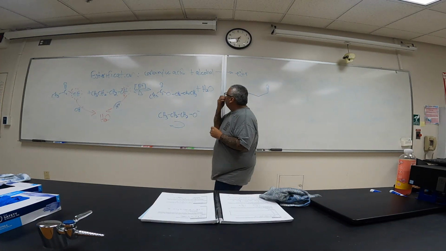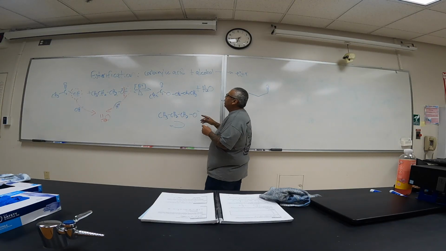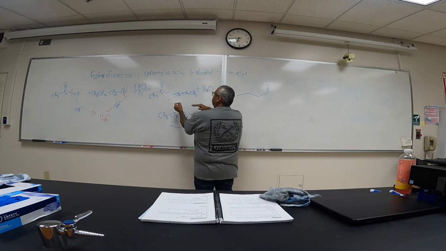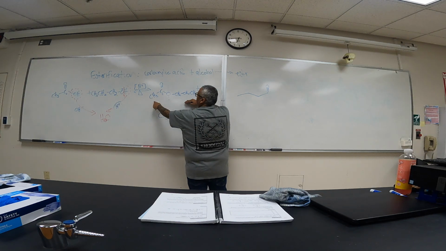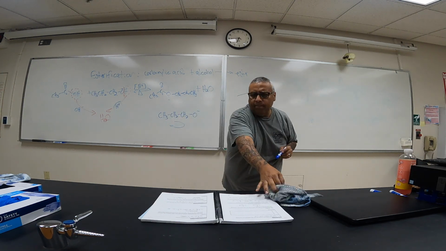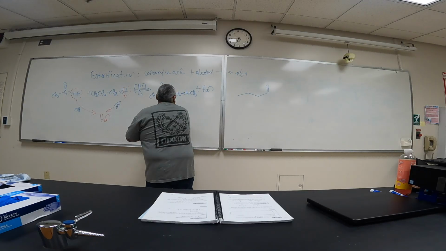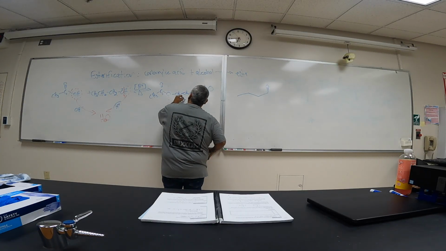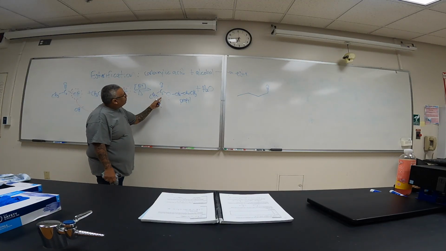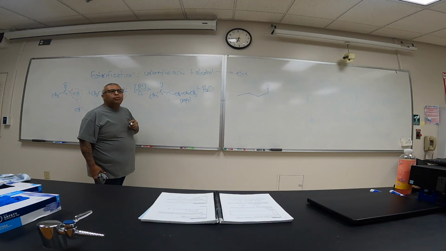Oh, and you know what? We should probably name this real quick, just to get some practice here. This is where we divide it from. This is going to be propyl. And I want the common name for that. If this is propyl, what's the common name for this carboxylate with two carbons?